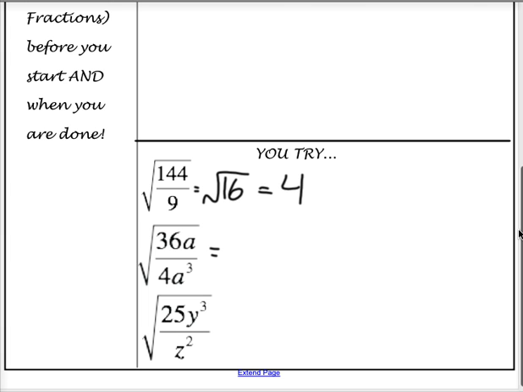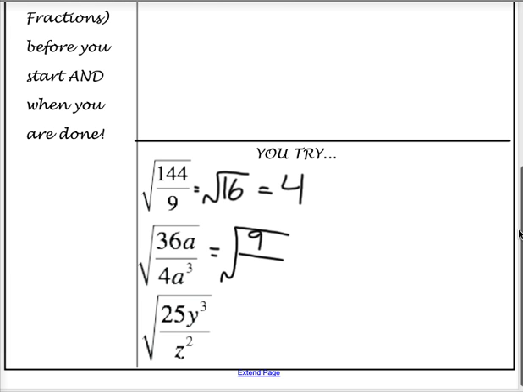So once again, we can actually simplify that fraction, reduce that fraction before we even begin. 36 divided by 4. Well, 36 divided by 4 gives you a 9. A divided by a cubed. So a to the first, taking away a cubed, 1 minus 3 gives me an exponent of negative 2.